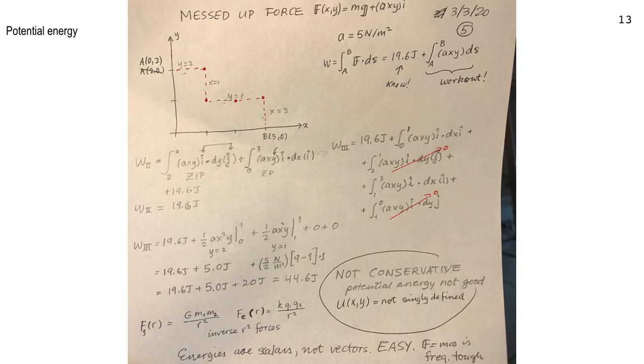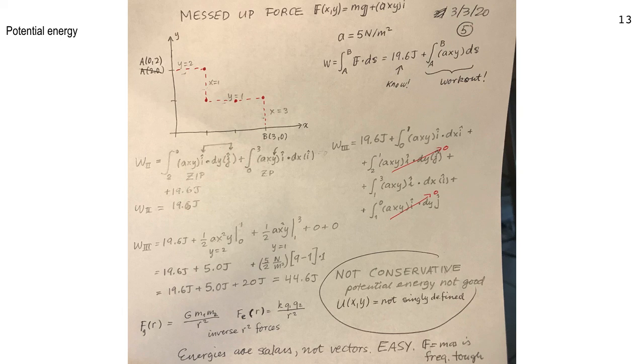Anybody verify me on that? Did I do it right? So this is 1 squared. Forget about this one. So this is 1 squared times 5 divided by 2 times 2. So that's 1 squared times 5. So that's 5 joules. Now this one, let's see what this one is.